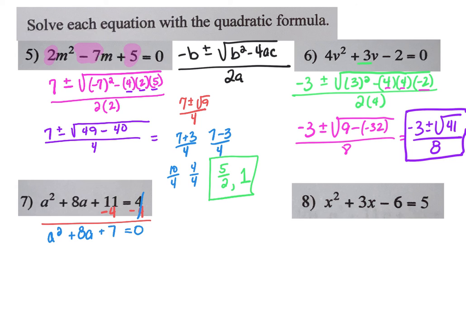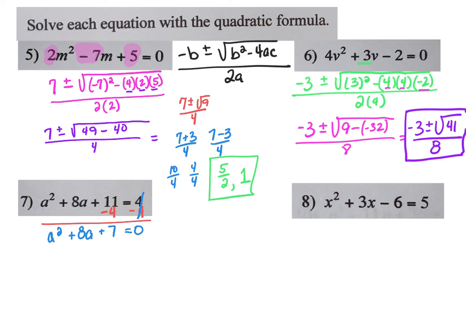7. Now, I know you can solve this one by factoring. However, in my instructions, I said solve by the quadratic formula. So I actually force you to solve it by the quadratic formula, even if you can see you can factor it. Now, as we get to the test, I'm going to give you some of these, and you will be able to choose how you want to solve it. But in this quiz, you have to solve it the way I told you.